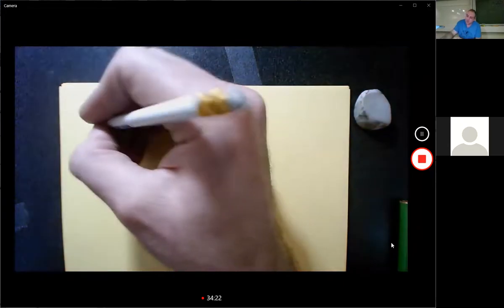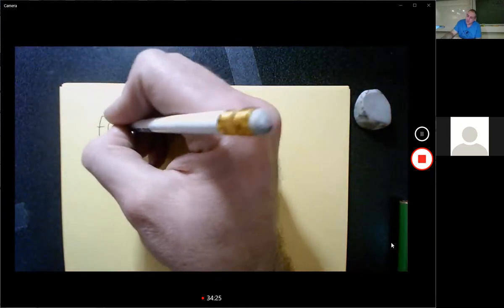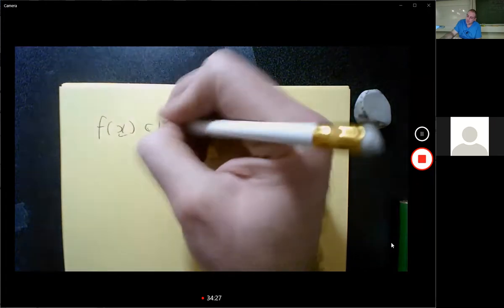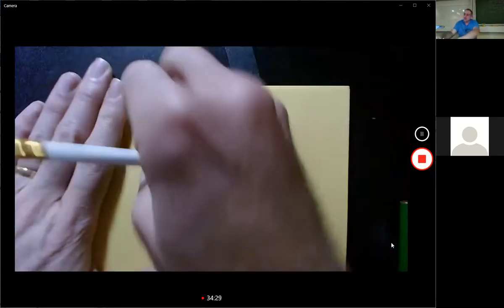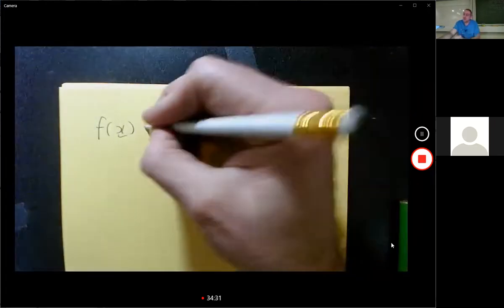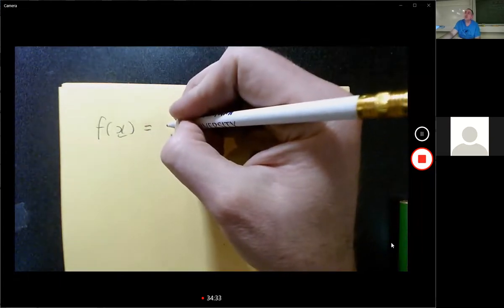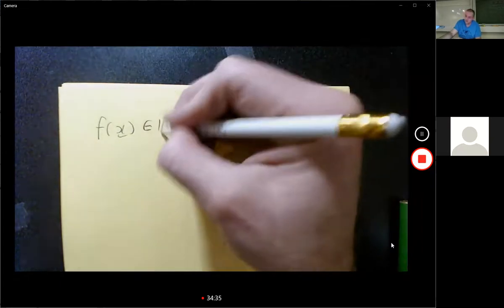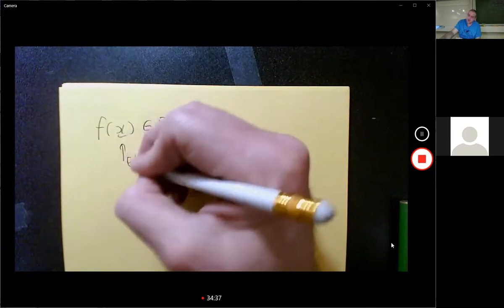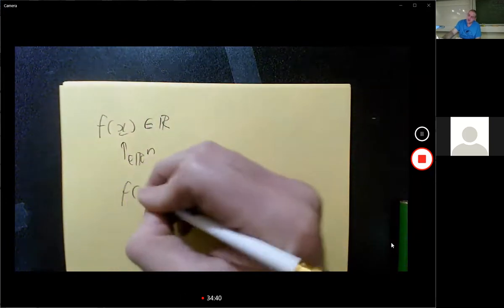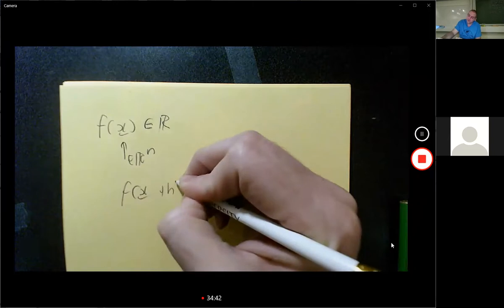Okay, just a second. It says that f of x is a number. Yep. It's a number, right? This is it, yep. And this is in Rn. And then f of x plus h.